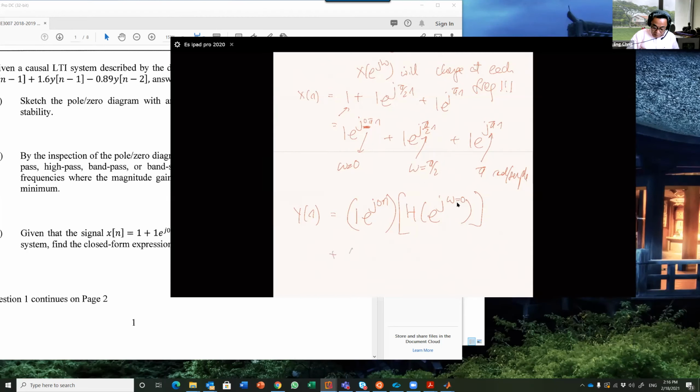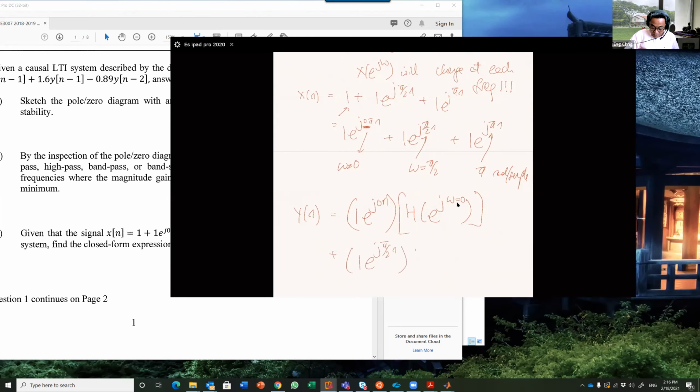The second one times H e^{j omega} equals to pi over 2. And the last one, and then that's the answer.